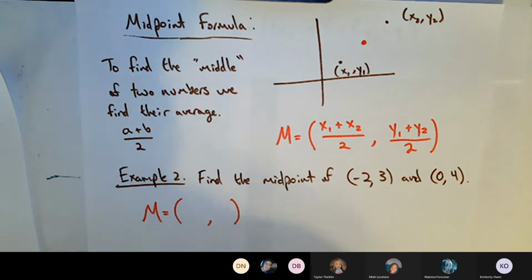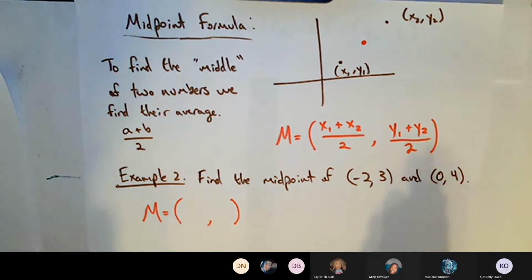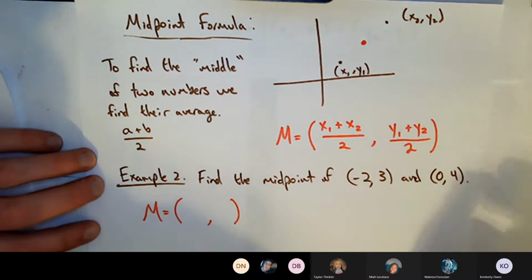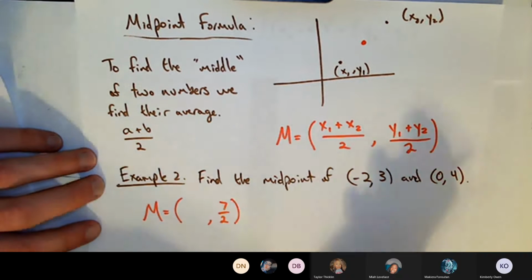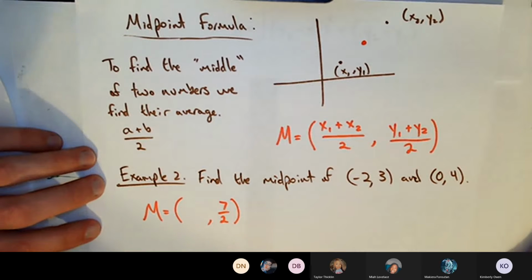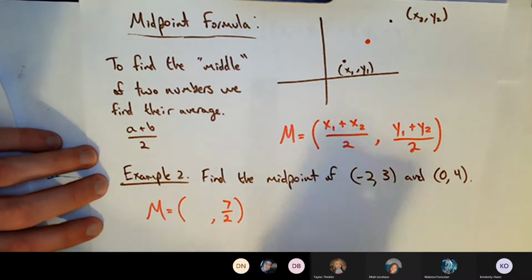Devin, what did you get for the y value of the midpoint? Three and a half. Yes, or we can also just leave it as 7 over 2. So we can say 7 over 2, or we can write that as 3.5. That's good. And then the x value would be, Makira, what did you get?